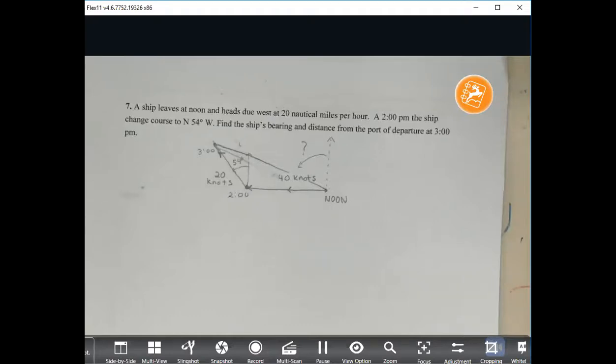Well, it said, find the ship's bearing and distance from port of departure at 3 p.m. We said a bearing has to be an acute angle. So if I drew a south line, it wouldn't be an acute angle. It would be obtuse. So I just did the north line. But I don't know where to go from here. I need your help.